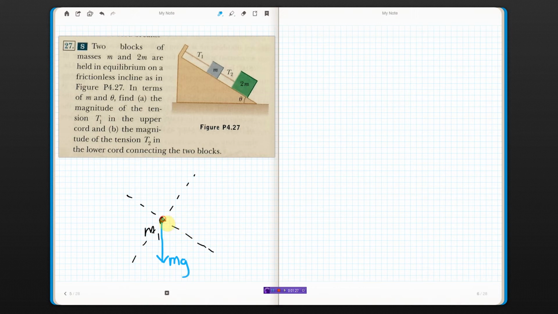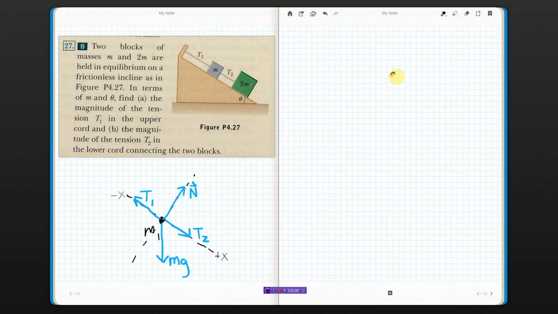And we've got the normal force, and tension number 1 is pulling it up the ramp, and then the second rope is pulling it down, so that's going to be T2. So we've got four forces here, and let's call up the ramp negative and down the ramp positive.